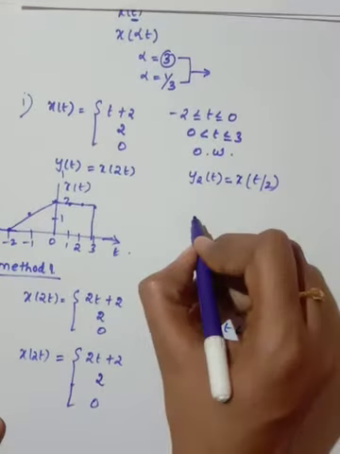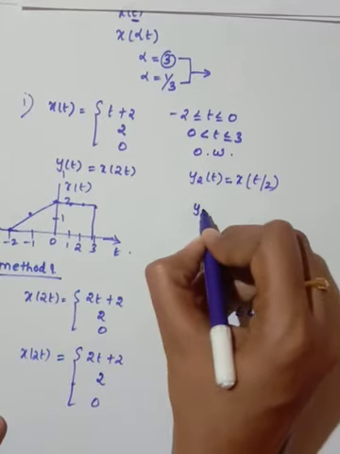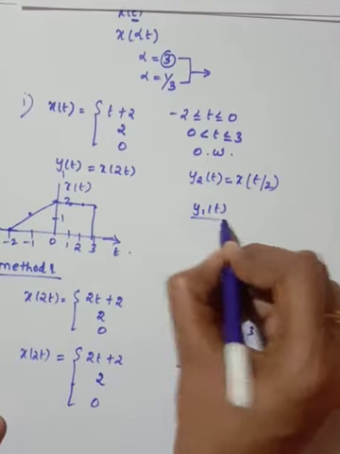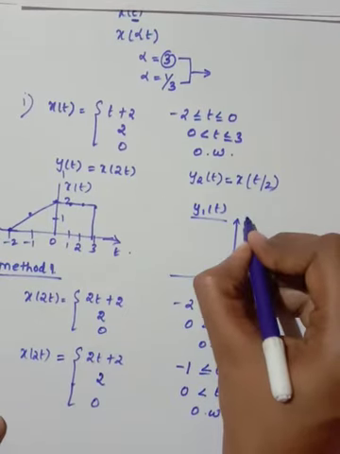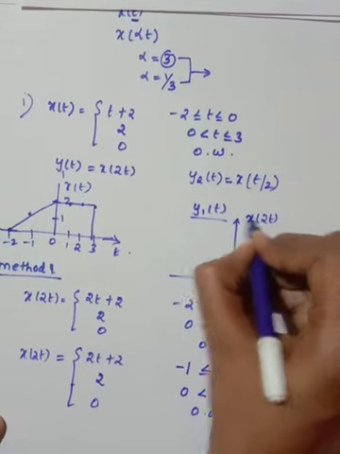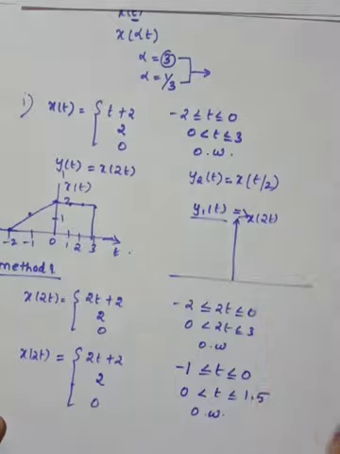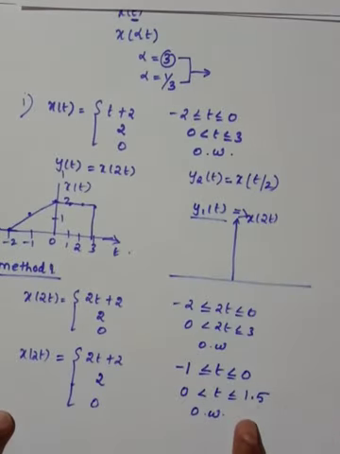Here I am drawing the signal y1 of t, which is nothing but x of 2t. Now see the range.